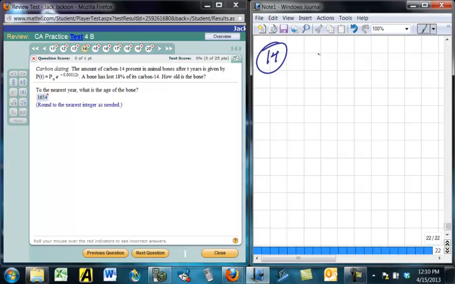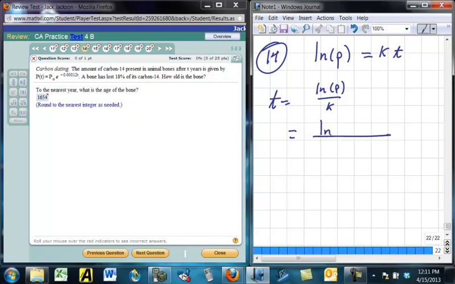Again, we have this basic formula that the log of the percentage remaining is k times the amount of time. And so if we want to solve this for the time, that's the log of p over k. Well, in our particular case, it's lost 18%, so the percent remaining is 1 minus that, which would be 82%, or 0.82 is the percentage remaining.